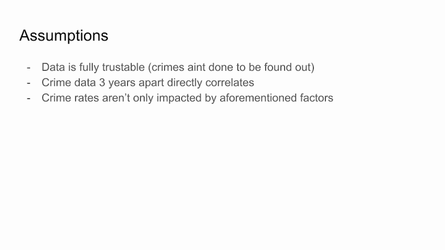Even more, the crime data was taken 3 years after the census, so comparing these two meant that we're assuming these are interchangeable. They're not. And whilst this has already been mentioned time and time again, assuming that these factors are the sole impact on crime is false. There are obviously way more, so we cannot solely attribute these results to those factors solely.